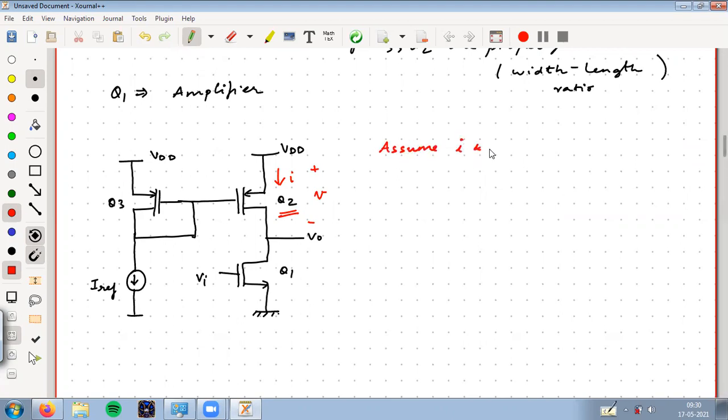I and V are the current and voltage across Q2.